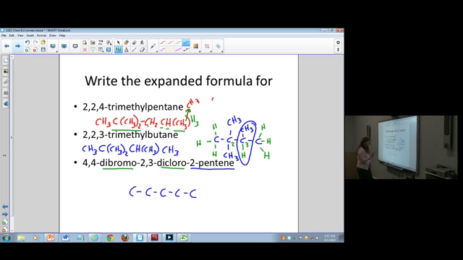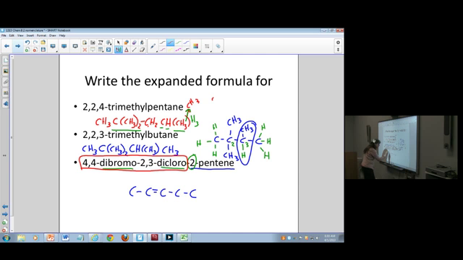Then we're going to determine that the double bond is at carbon 2, so I'm going to make a double bond here. Now I'm going to use my prefixes in order to finish this structure. I'm going to start with the bromo, and it tells me it's at carbon 4.